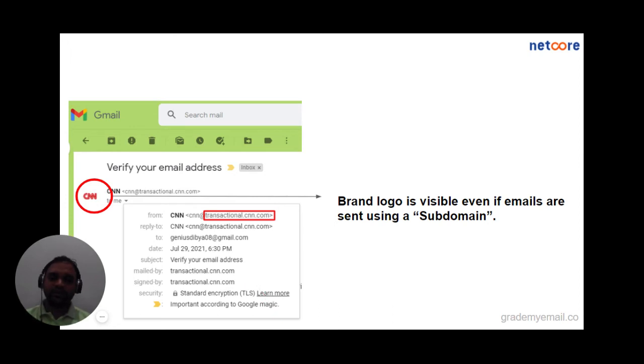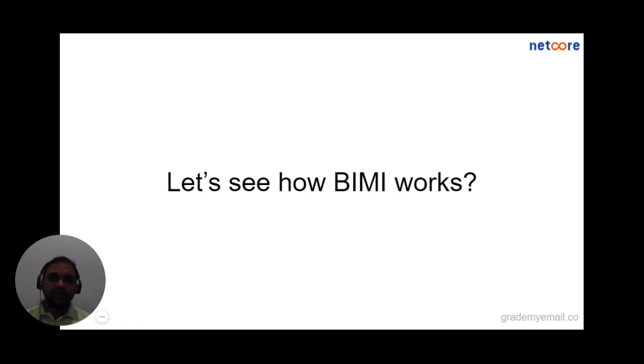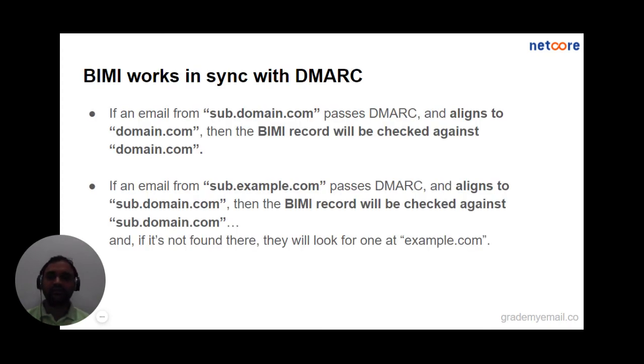So what does this really mean? Does it mean that you can implement BIMI on a subdomain, and BIMI is not required on an organizational domain, or that you should not be using an organizational domain in your mail? Let's understand the detail and see how BIMI works, and that is where we will come to know which domain is used and how all these things really work.